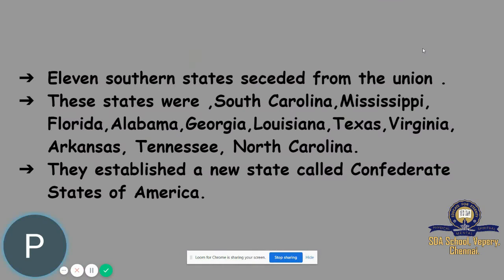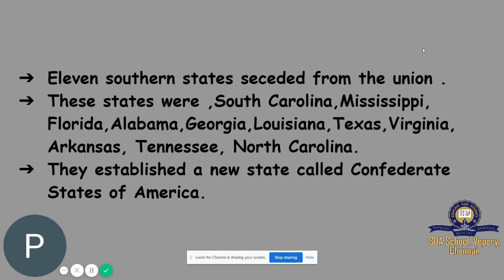After that, 11 southern states seceded from the Union. These states were South Carolina, Mississippi, Florida, Alabama, Georgia, Louisiana, Texas, Virginia, Arkansas, Tennessee, and North Carolina.